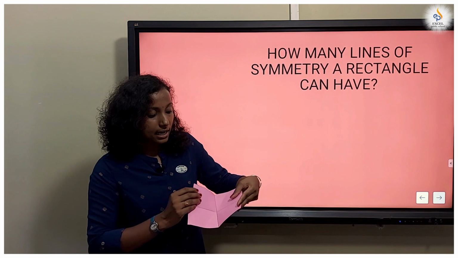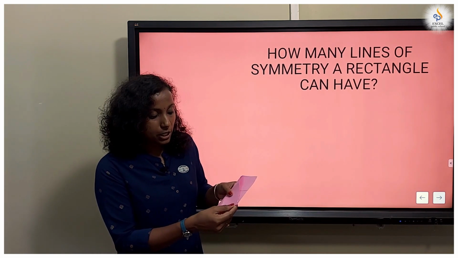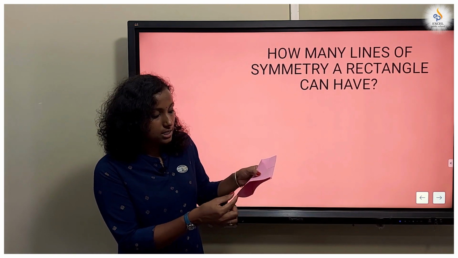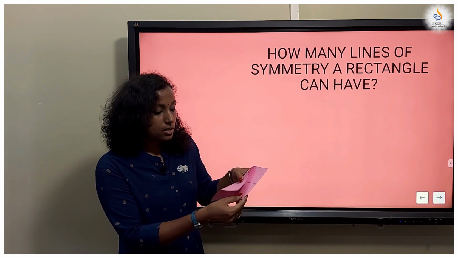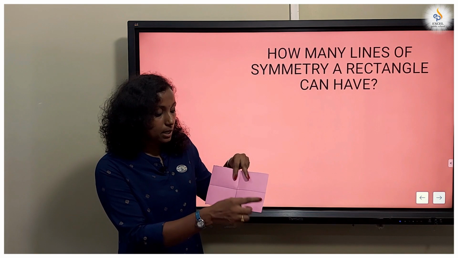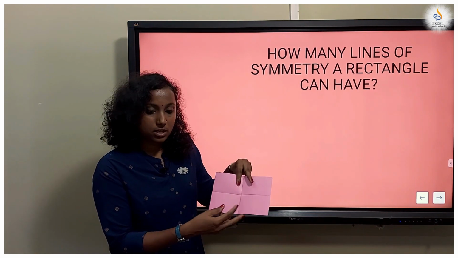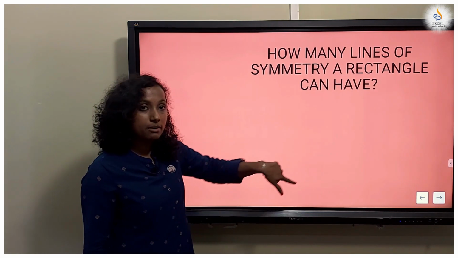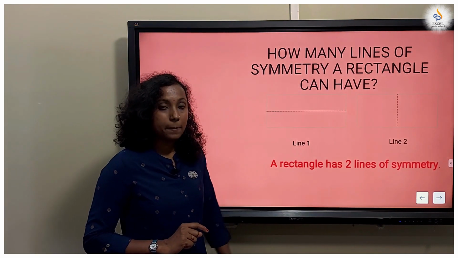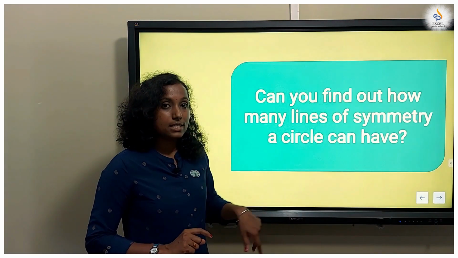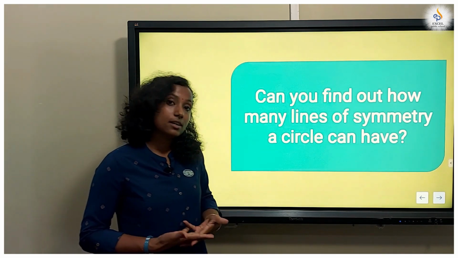Can I fold a rectangle like this? Here you can see that the corners are not meeting, so this cannot be a symmetry. So a rectangle can have only 1 horizontal line and 1 vertical line of symmetry. Now, can you all guess how many lines of symmetry a circle can have?